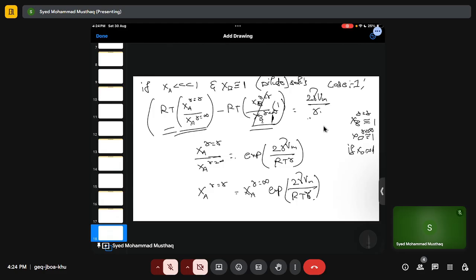Now I can just write it like this also. If this term is very small, so I can even do this.